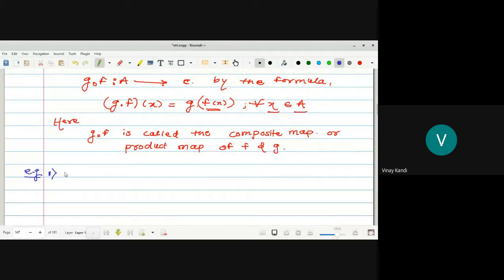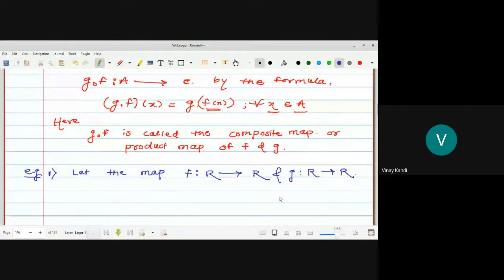Let F be a function from the set of real numbers R to R, and G is also a function from R to R. The codomain of the first function must be the domain of the second one.